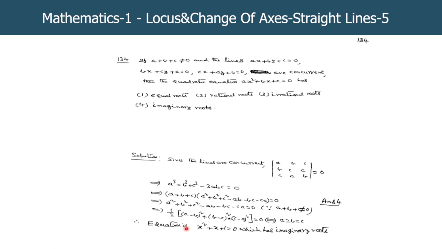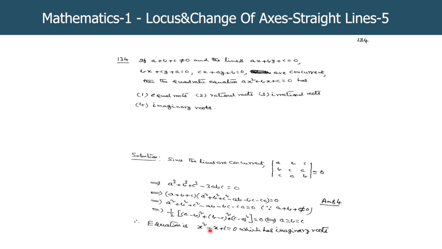Therefore, the quadratic equation is simply x square plus x plus 1 equal to 0, because A is equal to B is equal to C. That means x square plus x plus 1 equal to 0 has imaginary roots, because the discriminant b square minus 4ac is 1 minus 4, which is minus 3, negative.